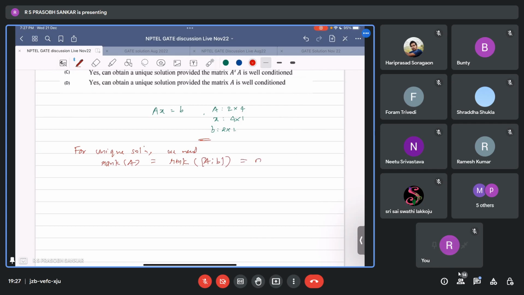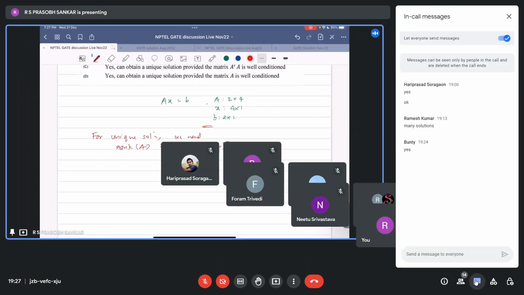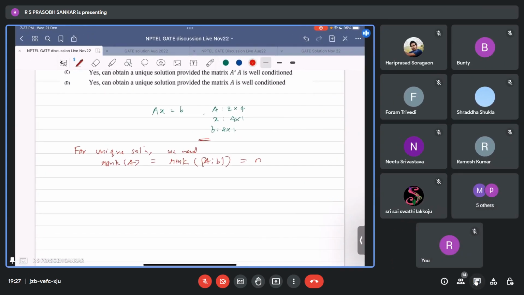That is the condition that we need. So rank of A should be the same as n, which is 4, and the same as rank of A augmented with b.